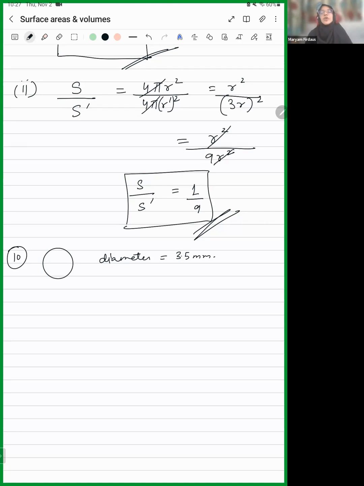Like, what is the volume of medicine needed to fill this capsule? Very simple and straightforward question. The diameter is given. You need to find the volume of medicine needed to fill this capsule. All of you please solve it, and then I will call out one person to share their answer with us.